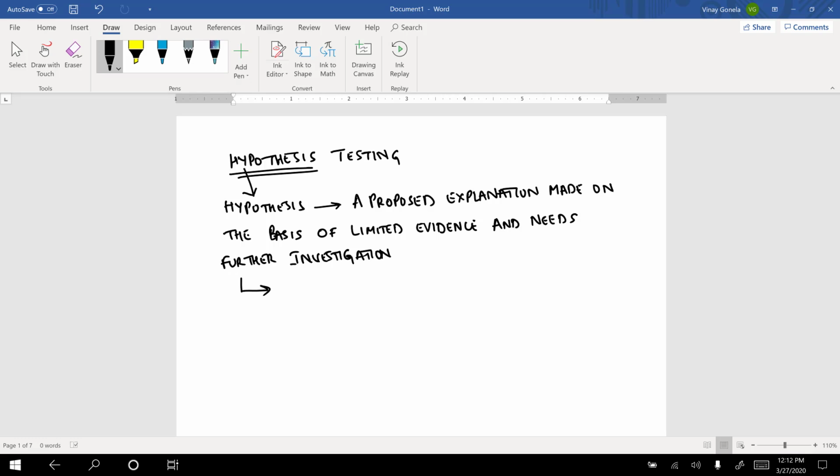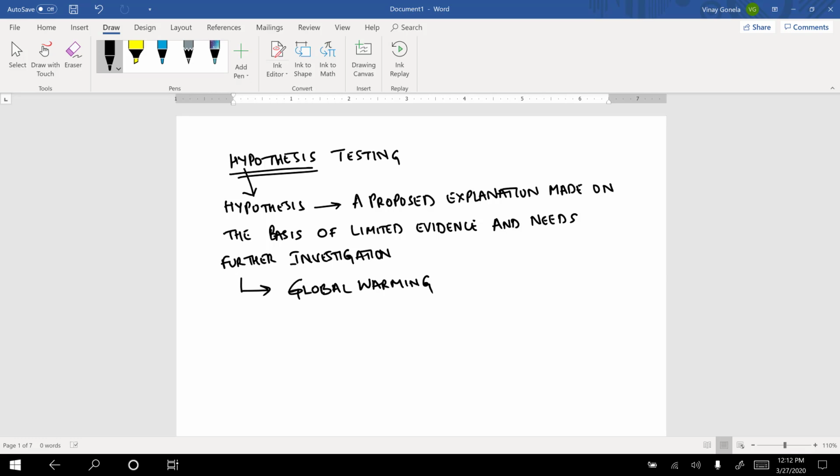So an example for hypothesis testing would be global warming. So the hypothesis means we have an idea about something, about a concept, but we need to investigate it further.